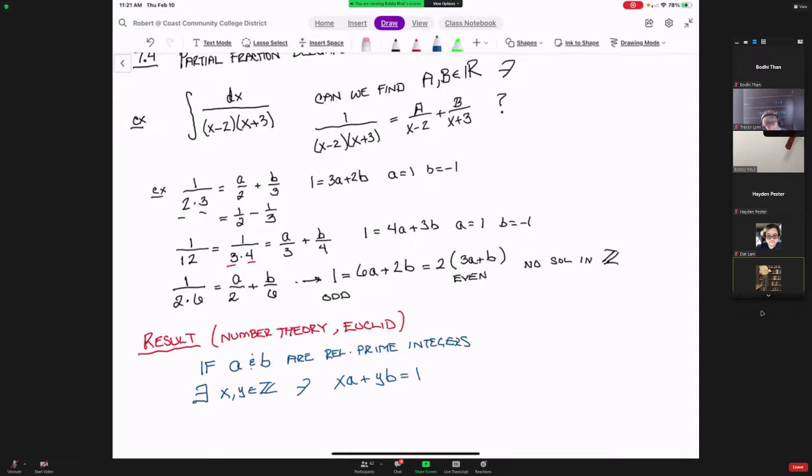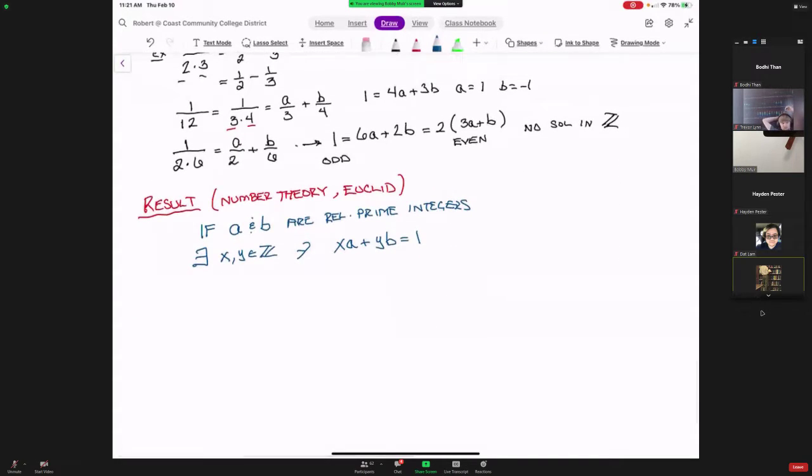Okay, so now this is a huge thing in ring theory. If you have two elements that you know you can make 1, this happens because the concept of prime then generalizes, like we're going to generalize it right now.